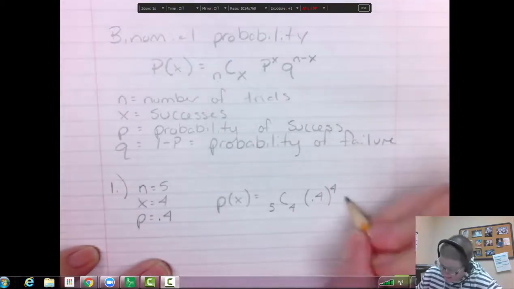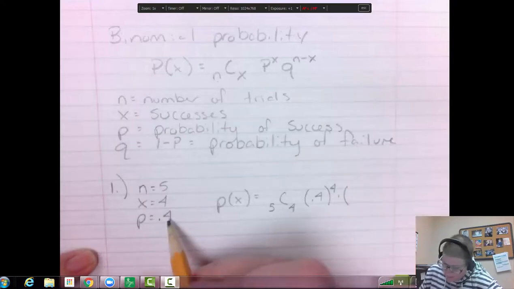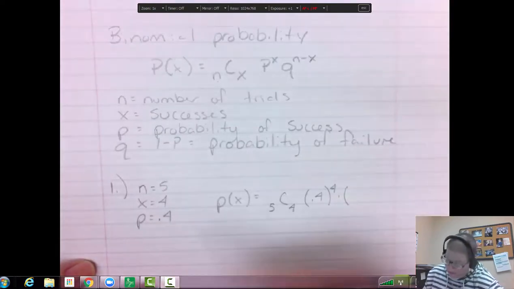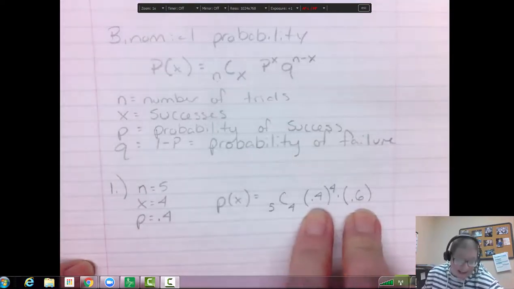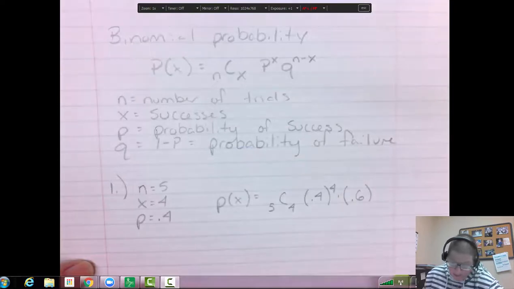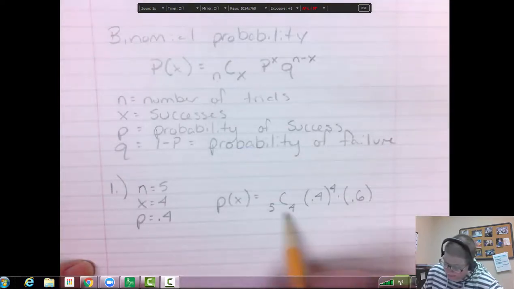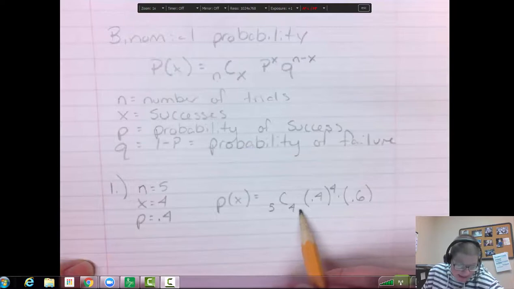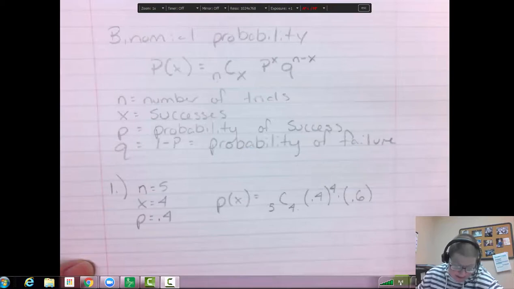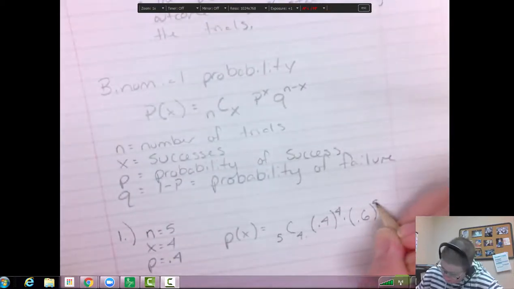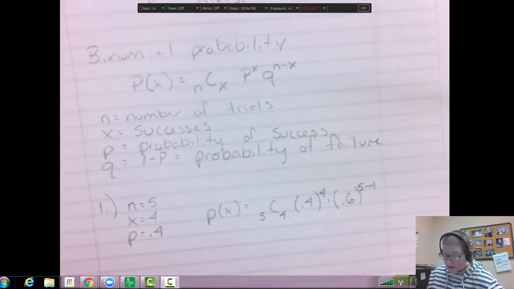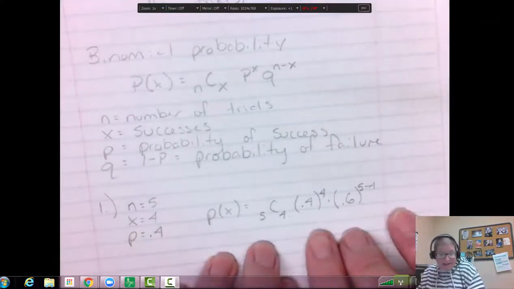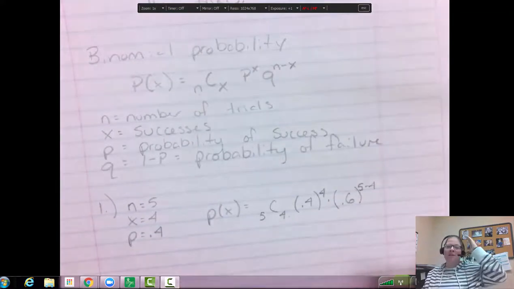And then we would times that by the failure, 1 minus 0.4, so that's 0.6. These two probabilities will always add to 1. And that one is to the n minus x, so 5 minus 4, or 1. That is how you take an experiment and put it straight into this probability formula.